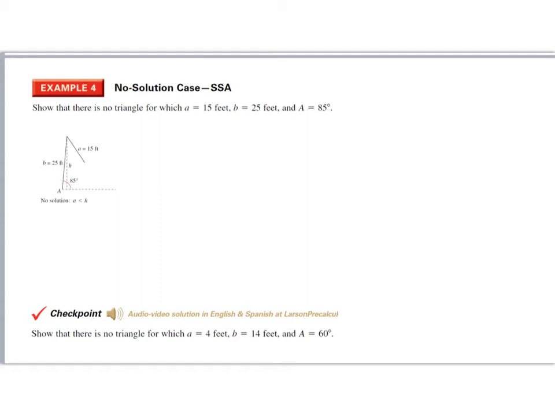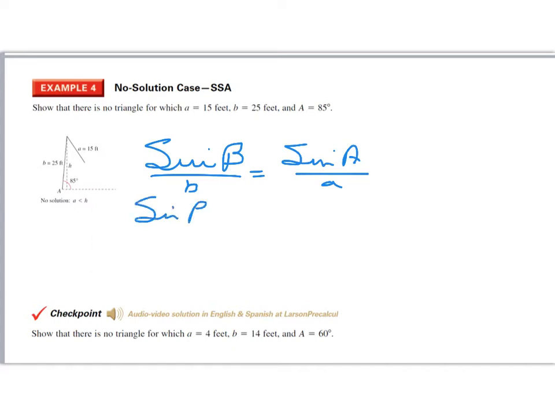The first one here, so if we did the sine of B over little b is equal to the sine of A over little a. So if we know little a, well, we can just plug all this stuff in. So the sine of B over 25 is equal to the sine of 85 over 15.